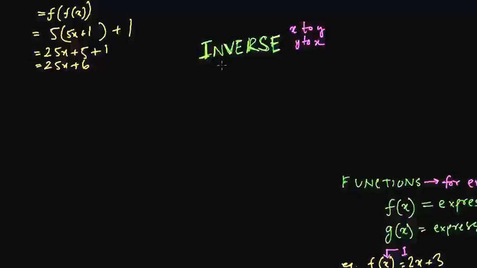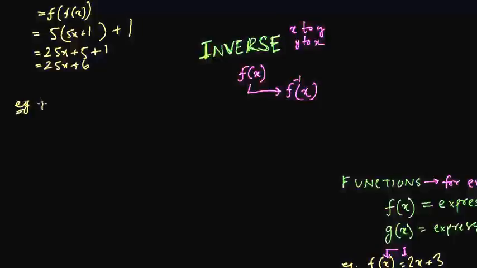So if f(x) is a function, then the inverse of this function is f with a little -1 at the superscript. This portion is called superscript, this is subscript. So at the superscript we write f^-1(x). That's the inverse function.